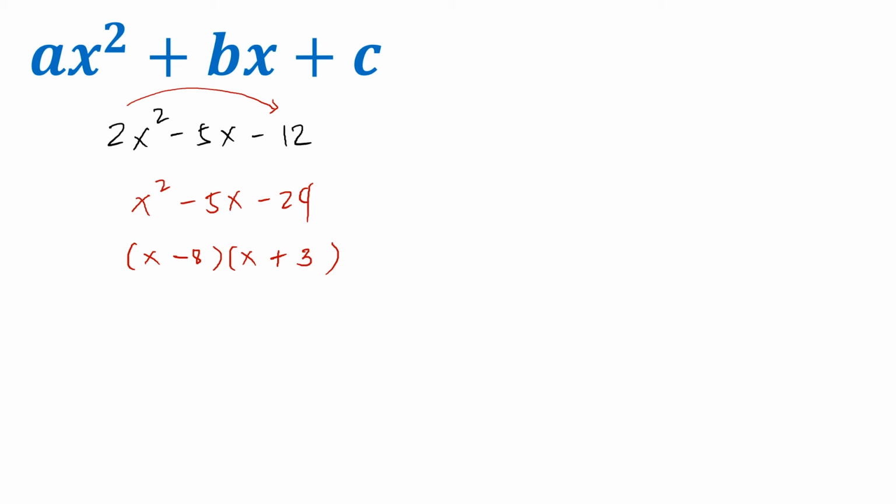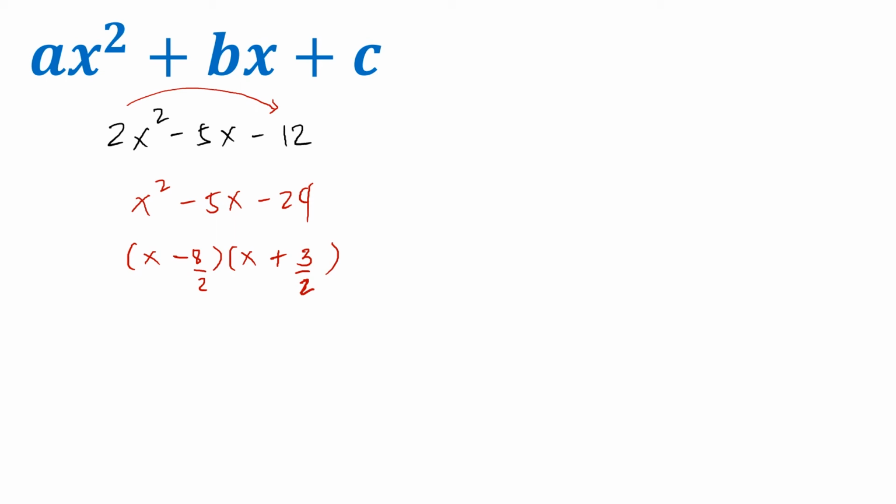But these are factors of x squared minus 5x minus 24. Remember that we are factoring 2x squared minus 5x minus 12. Since I multiplied the third term by the coefficient of x squared, the second terms of these binomials will be divided by the coefficient of x squared. So that will be 8 over 2, 3 over 2.